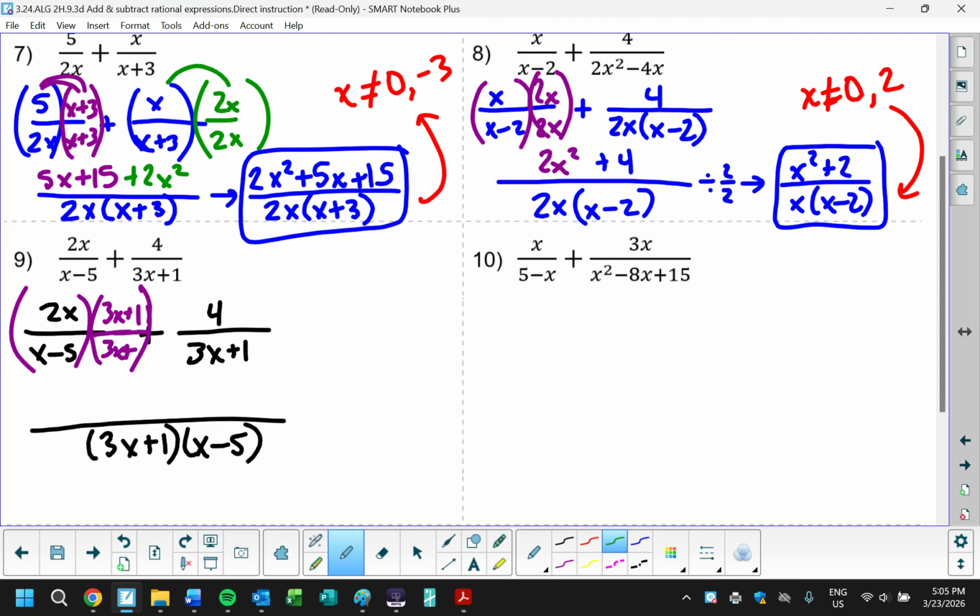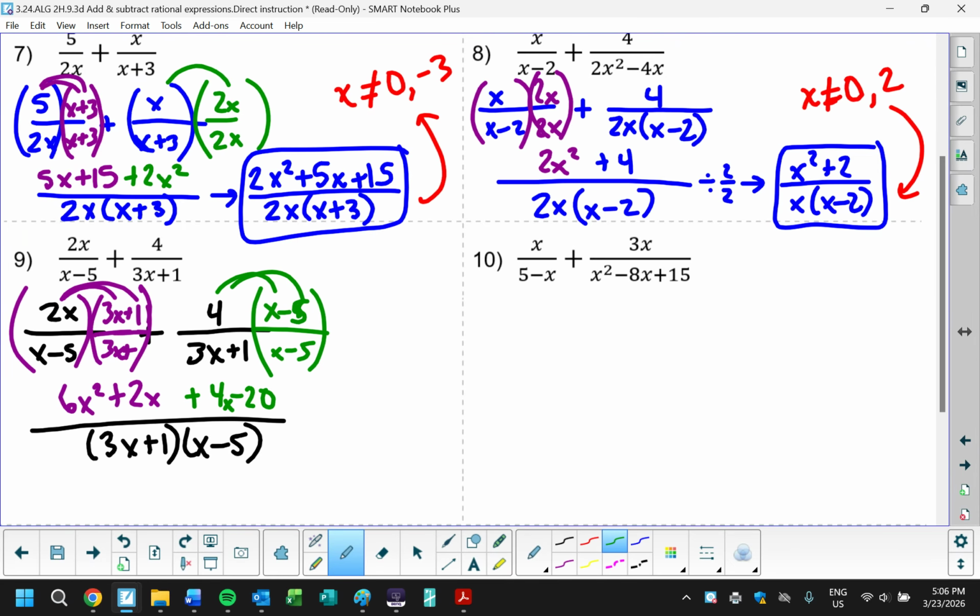We're going to have to multiply the second quantity by x minus 5 over x minus 5. Now let's go ahead and distribute the 2x times 3x, 6x squared, and 2x times 1. Let's distribute the 4 times x and the 4 times negative 5.